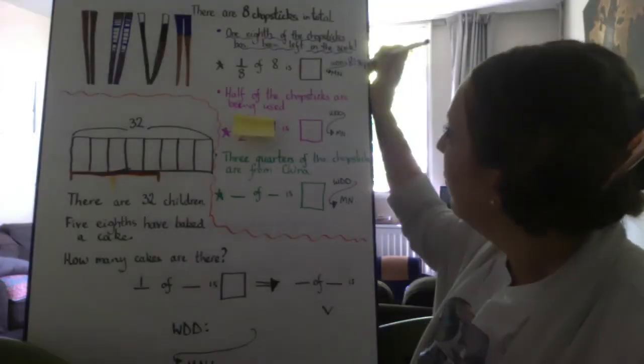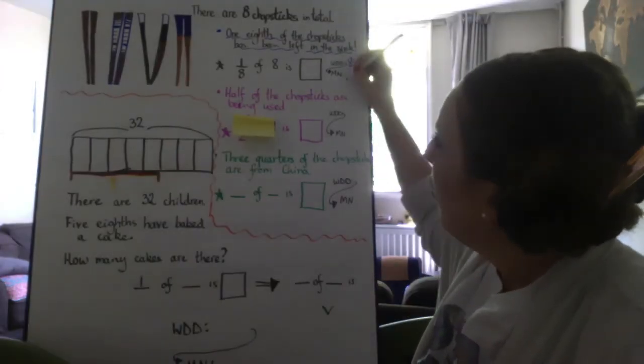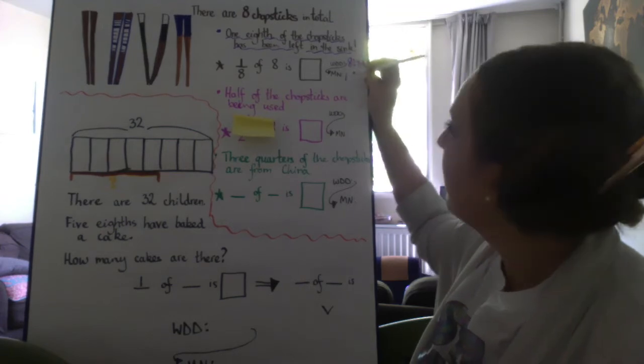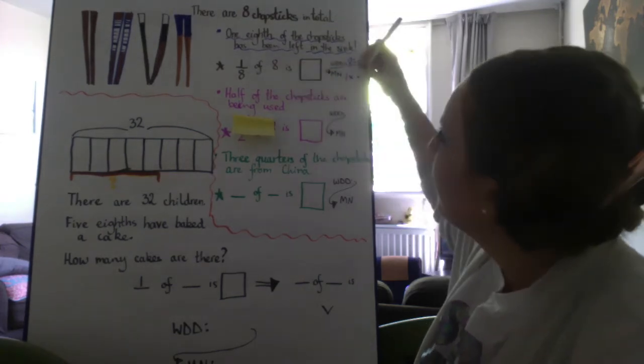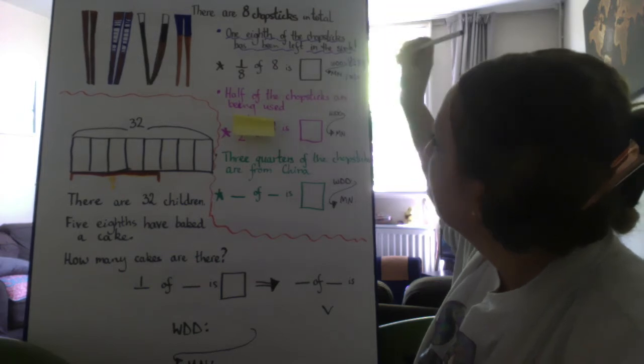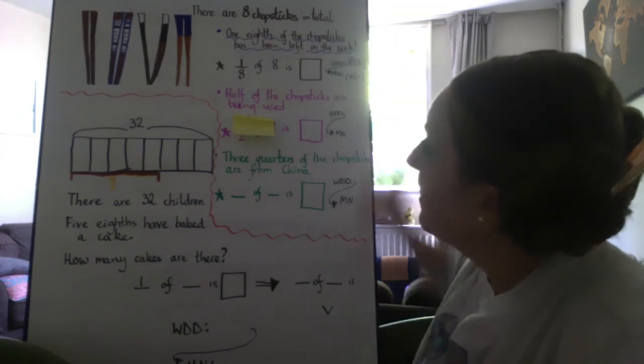Now I'm going to multiply this by my numerator. So take this number, 1 times my numerator, 1 times 1 is equal to 1. So 1/8 of 8 is 1.